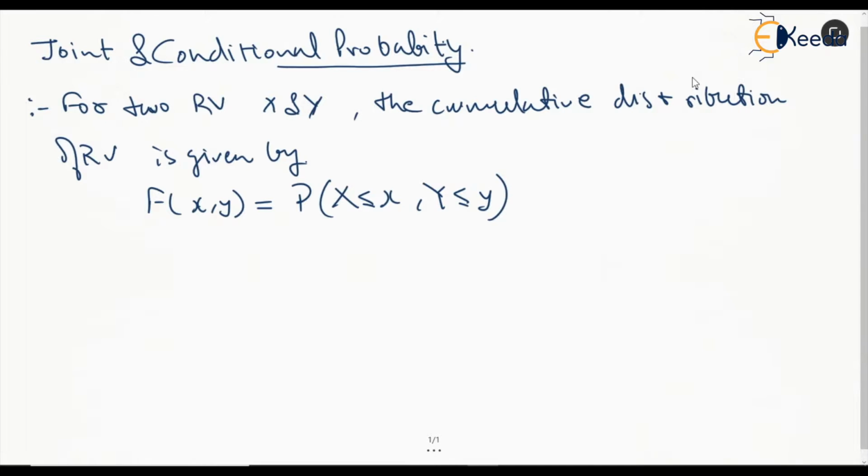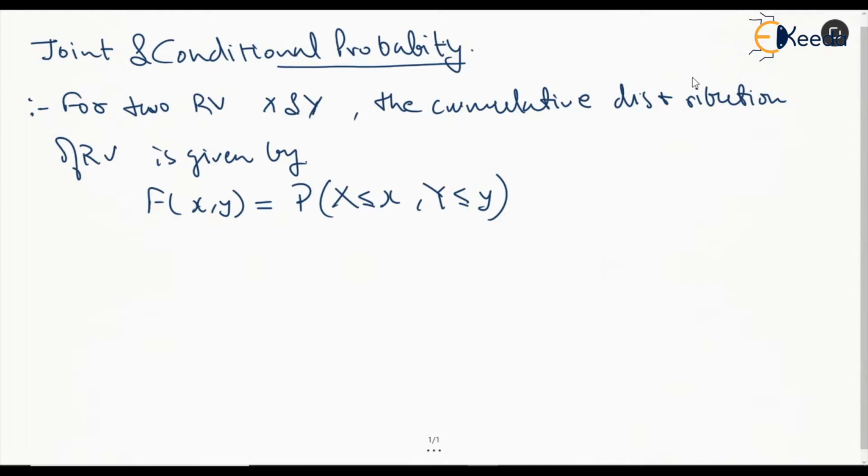Like we have seen in the distribution of a single variable, it is the sum or integration of all the values up to that small x. In a similar fashion, we are going to do this for two random variables. So we'll have to take care of two intervals, that is X will be less than or equal to small x and Y will be less than or equal to small y.